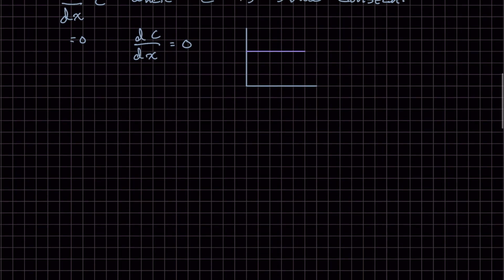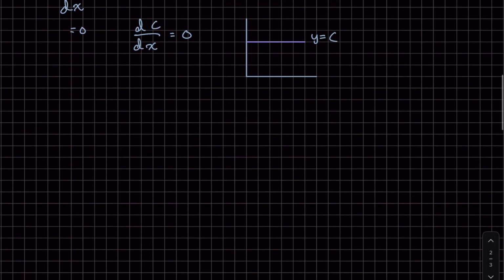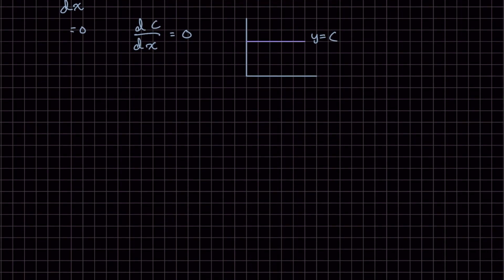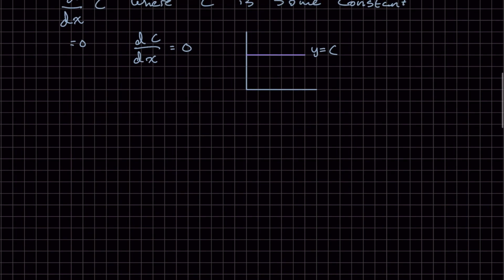We can see here, right where this is, y equals c, that there's no change in the y ever. Right, so the change with respect to x, if this is an xy coordinate system, there's no change. So it's just 0.